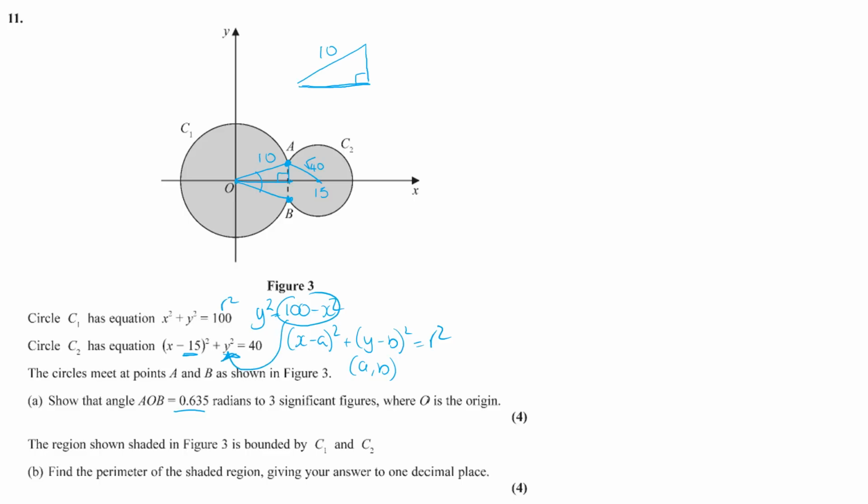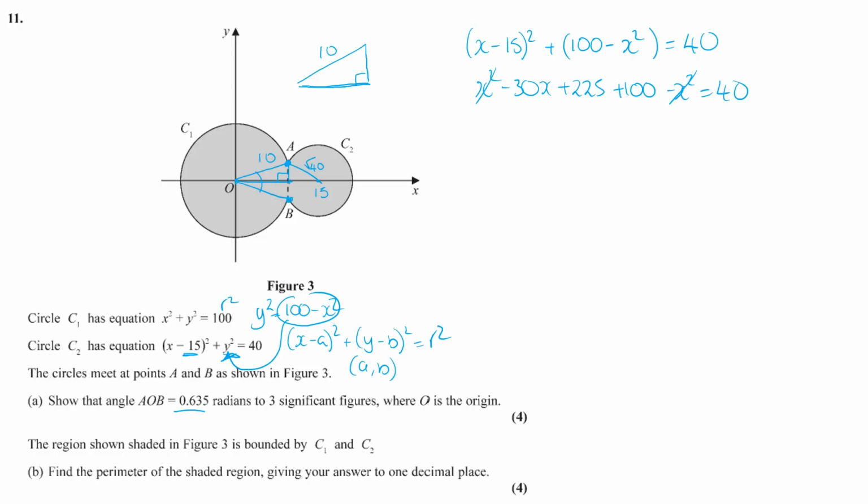So C2, where they meet, is going to be x minus 15 all squared plus y squared, which we're now saying is 100 minus x squared, and that's going to be equal to 40. Squaring out the bracket, x squared minus 30x plus 225 plus 100 minus x squared is equal to 40.